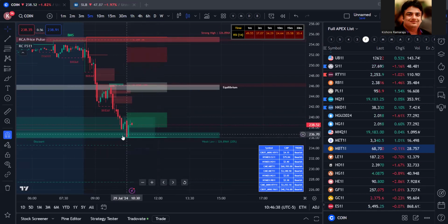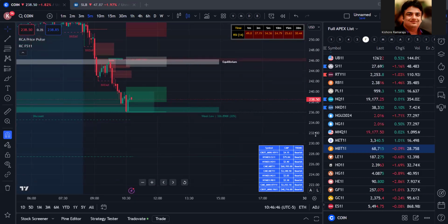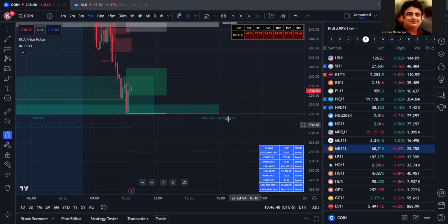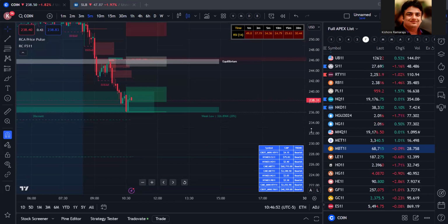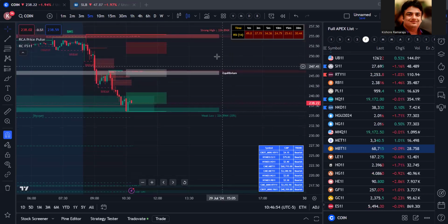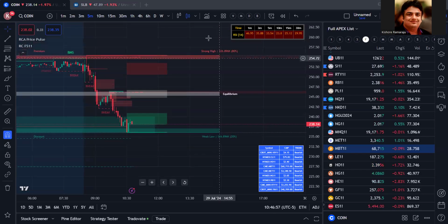We don't see a strong confidence here, so we can wait for some more time. If there is a big buy order block, we would have taken this. We will wait for some more time.